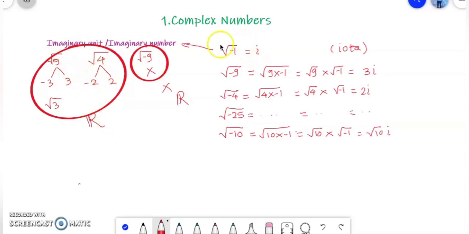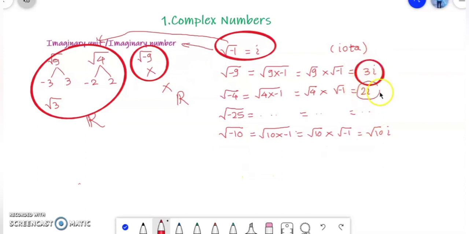Imaginary unit is nothing but i. This is imaginary unit. And these numbers like 3i, 2i, root 10 i are called imaginary numbers, because they contain imaginary unit. Imaginary unit is i.